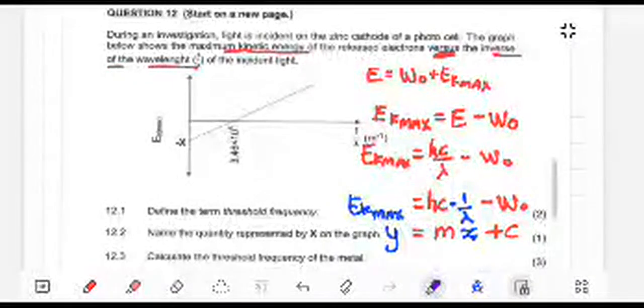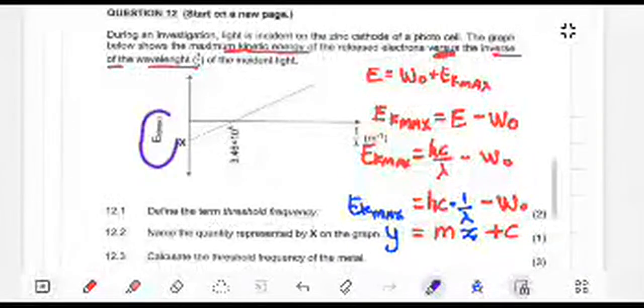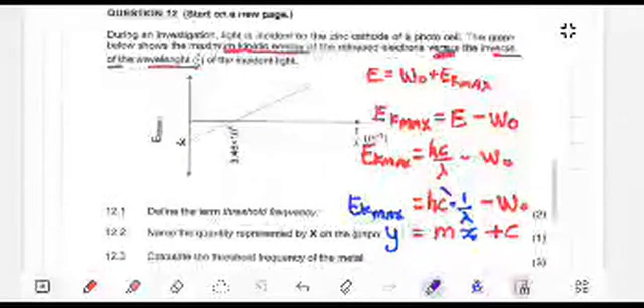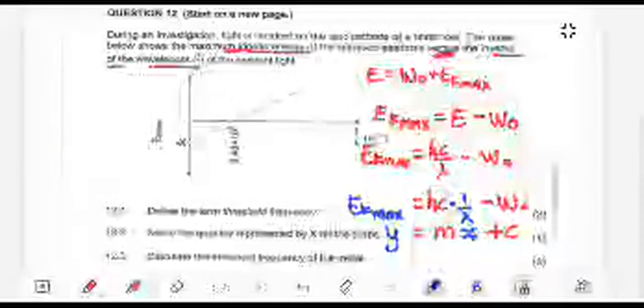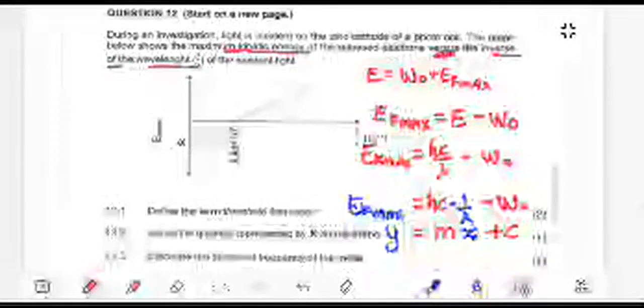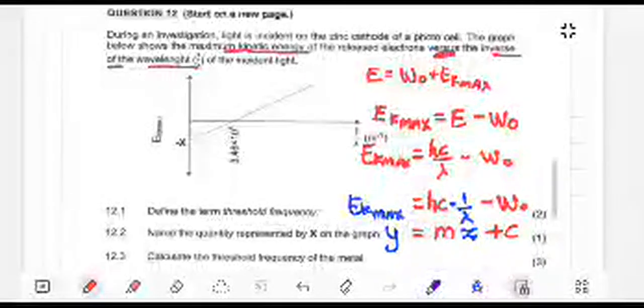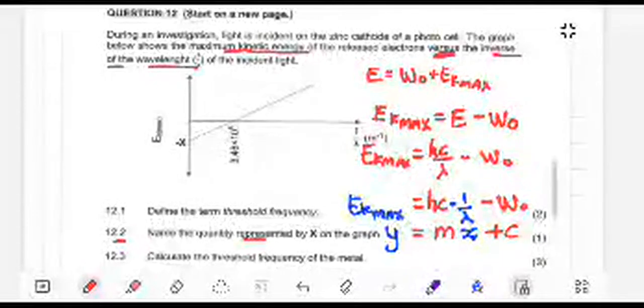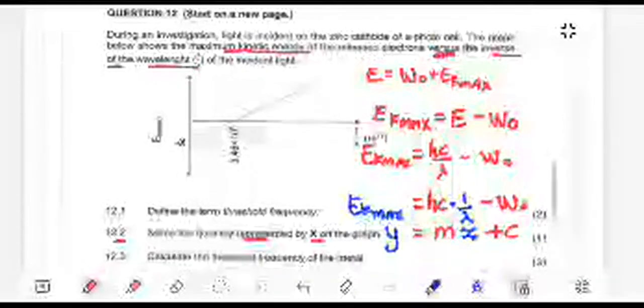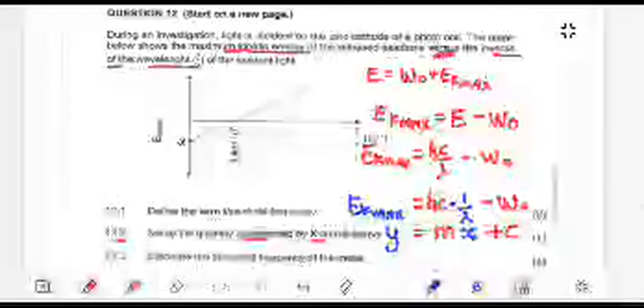So let's check here. The independent variable is 1 over wavelength, the dependent variable is EK max. What is the constant variable? HC. Okay, question 12.2: name the quantity represented by x on the graph.